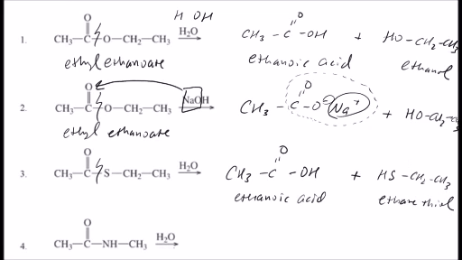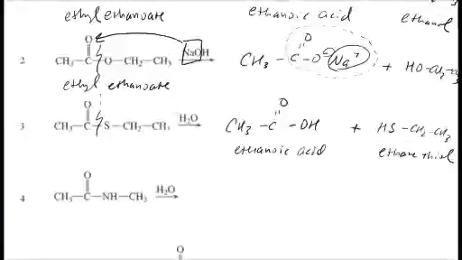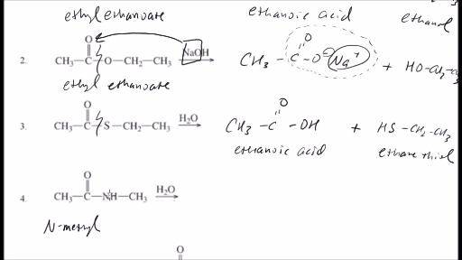All right, and finally, we have number 4. This is an amide. We have a methyl group attached to the N, so this is going to be N-methyl, and the amide is an ethane group. So N-methyl ethanamide. It's going to break in the same spot here.